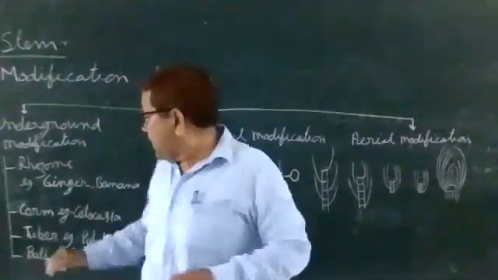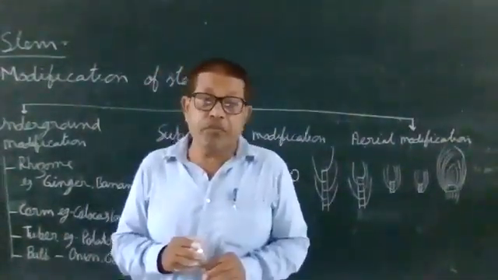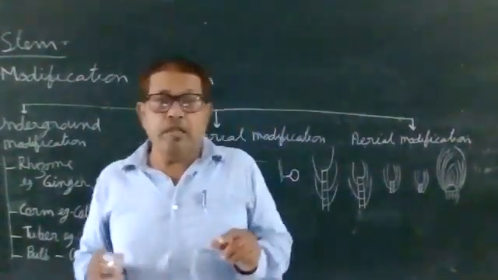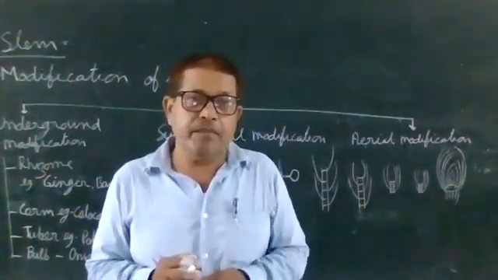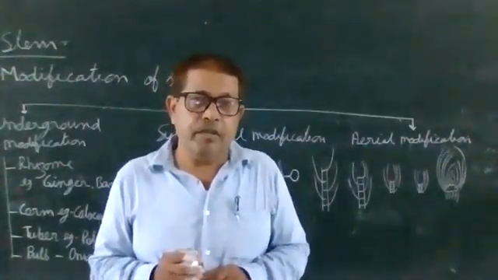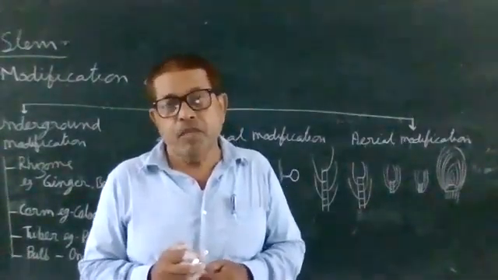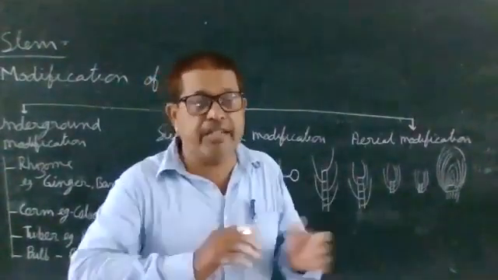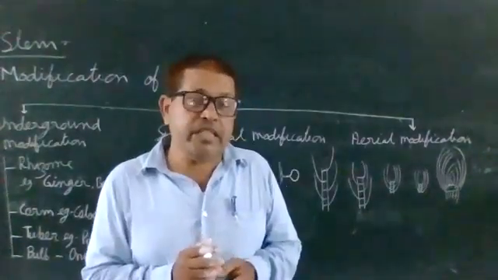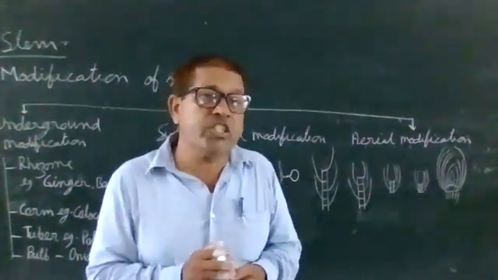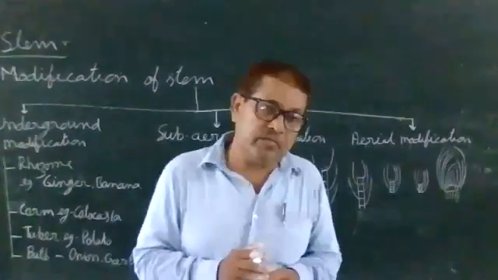In this case of the bulb, stem is condensed and becomes disc-like. Such stem is known as the squared stem.